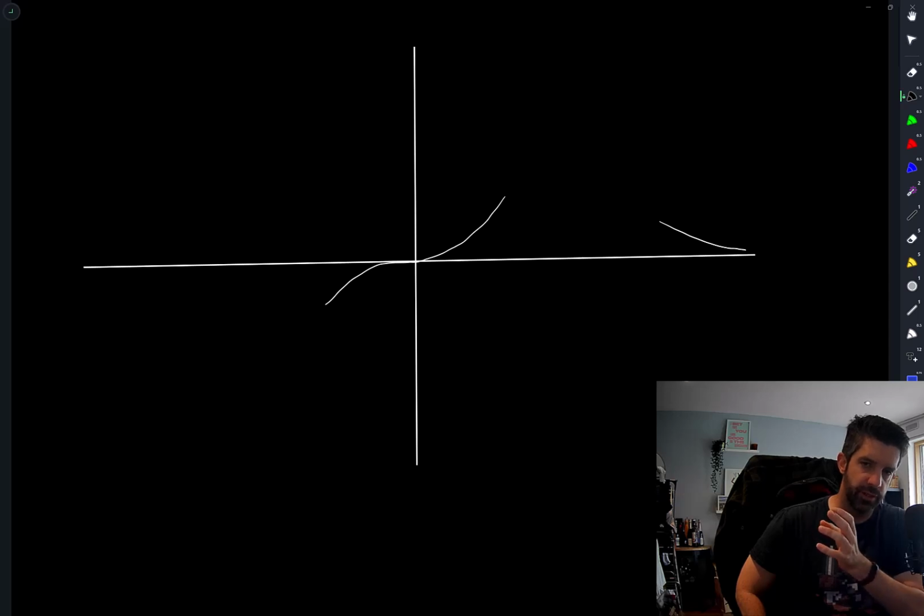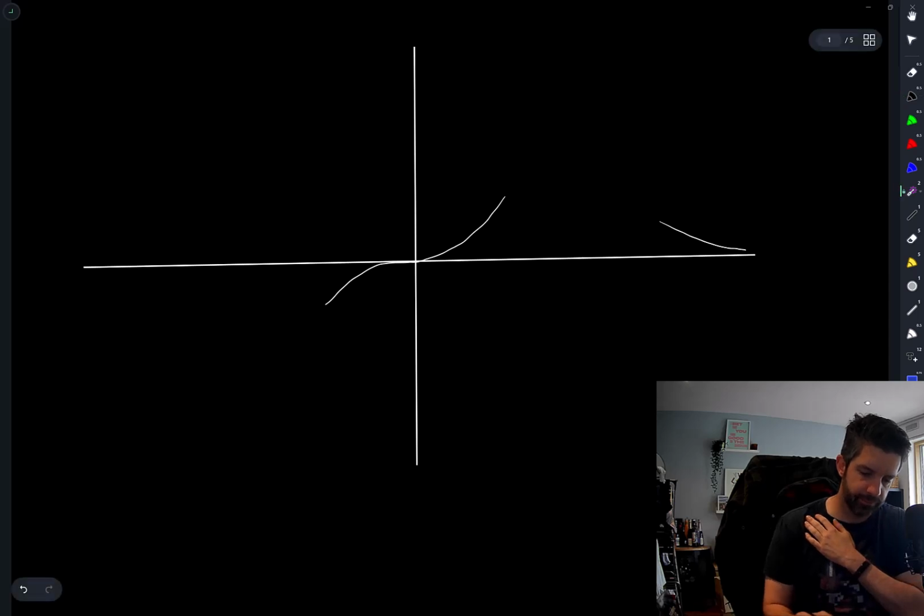But given what the answers are, because we have a horizontal tangent at the origin, the number of horizontal tangents has to be odd because it's an odd function. So any horizontal tangent over here gives us another one over here.